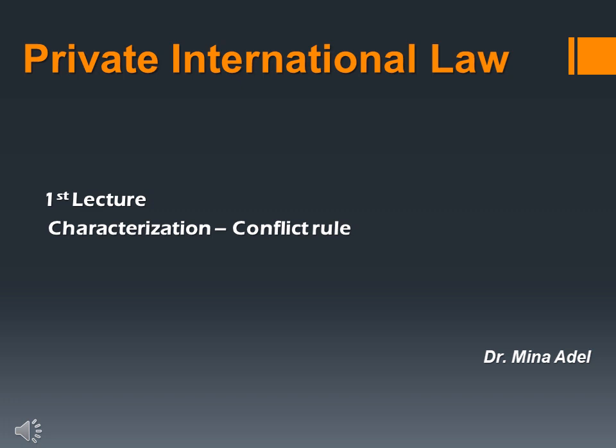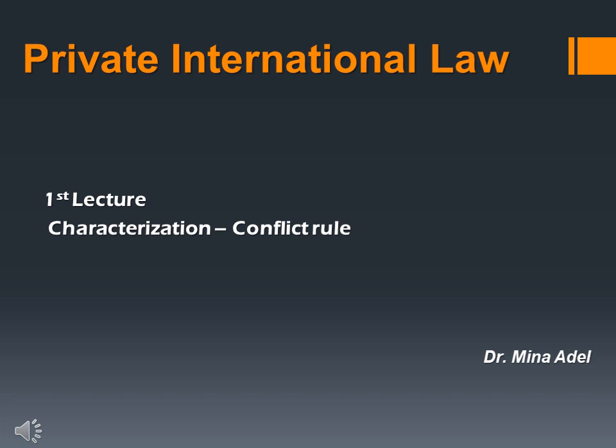So let's go back to the international attempts of unification of private international law, and we have, for example, the International Institute for the Unification of Private Law, established in Rome in 1926, and it's known as UniDroit.